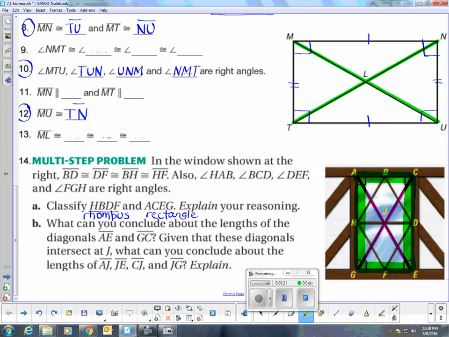And then what can we say about segment AJ, JE, CJ, and JG? Is that they are all congruent to each other, because in a rectangle, the diagonals bisect each other.